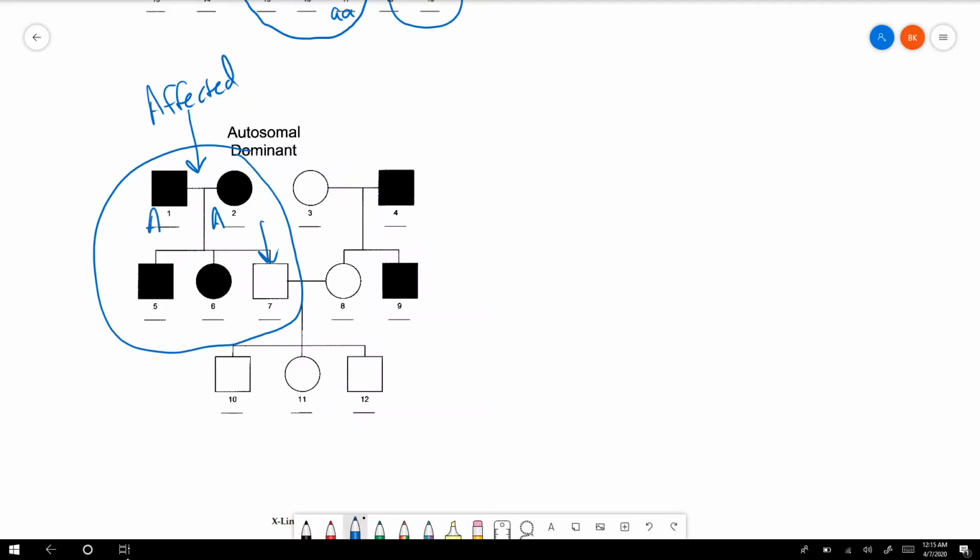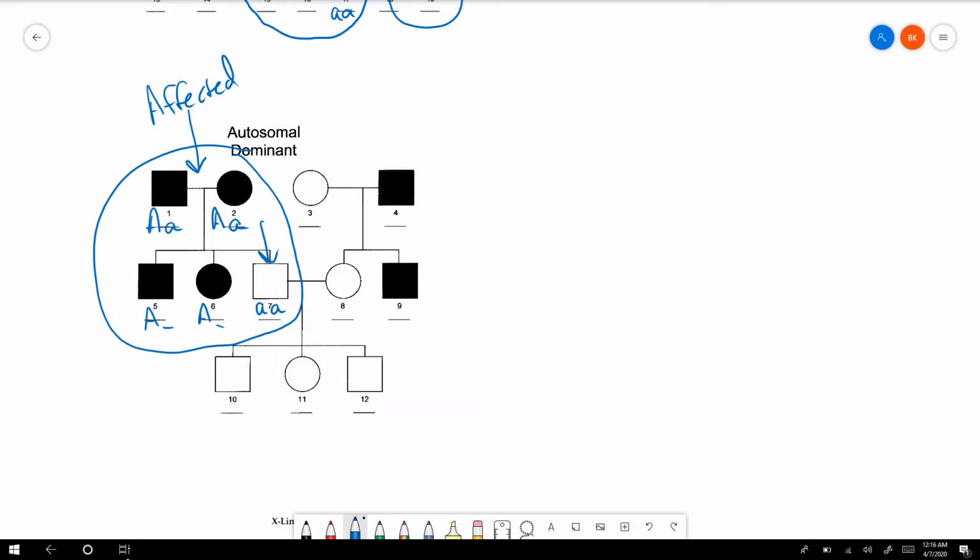And in this case, both parents are carriers, meaning that they gave a little a to person 7, and each of these children got a big A. We again don't know if their second allele is dominant or recessive at this point. There's not enough information at the top. So that's another characteristic of dominant.